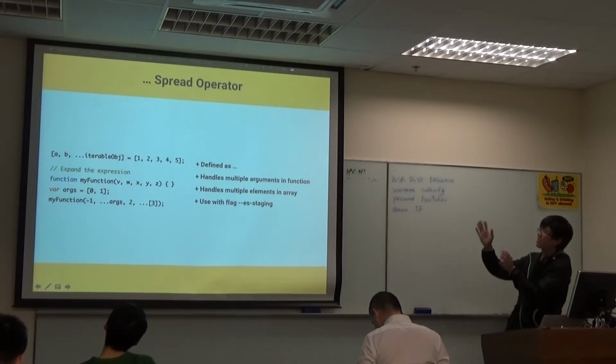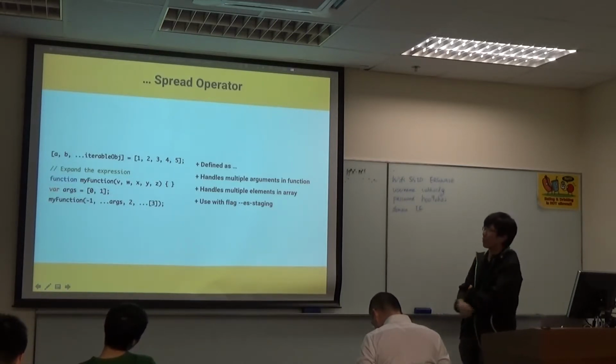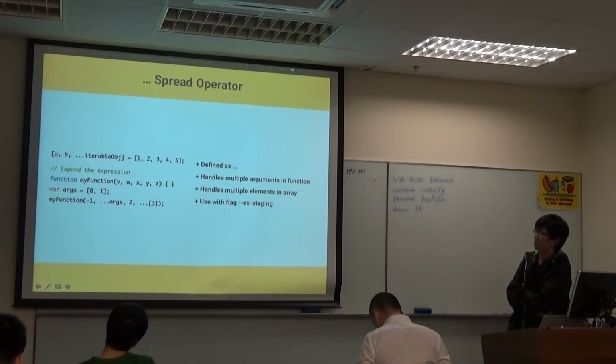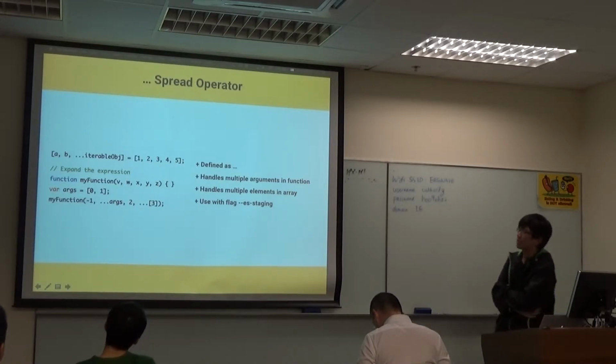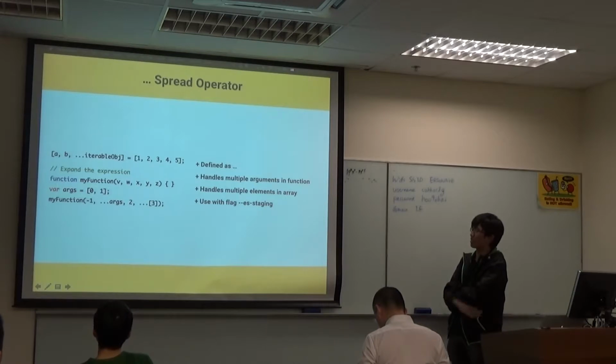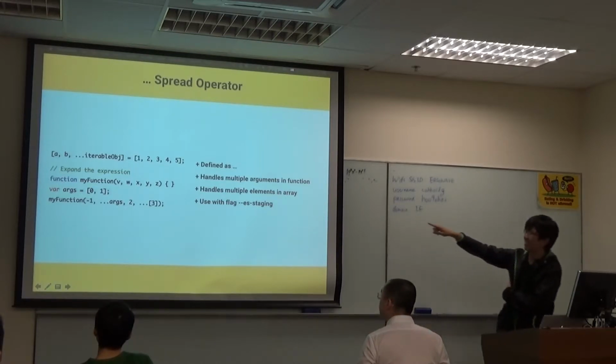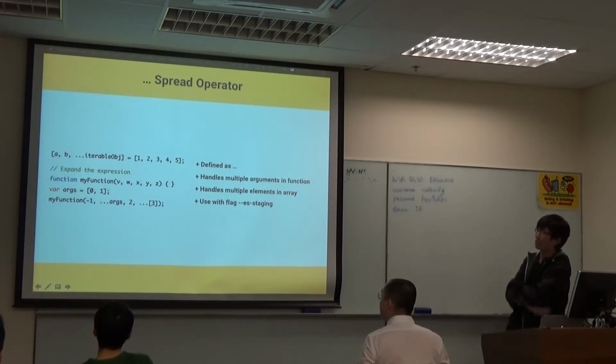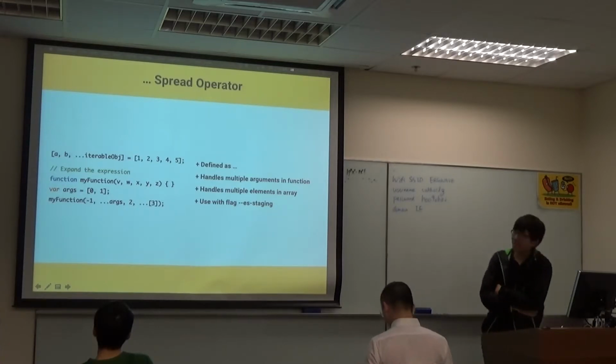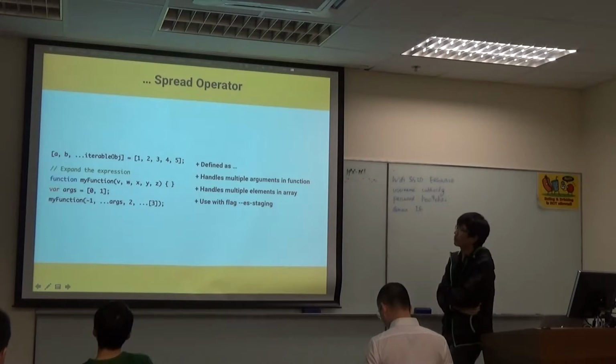And these features may not be supported by some browsers and platforms. So when you use Node.js, please add a harmony flag before you actually write the spread operator. So you can see here the example.